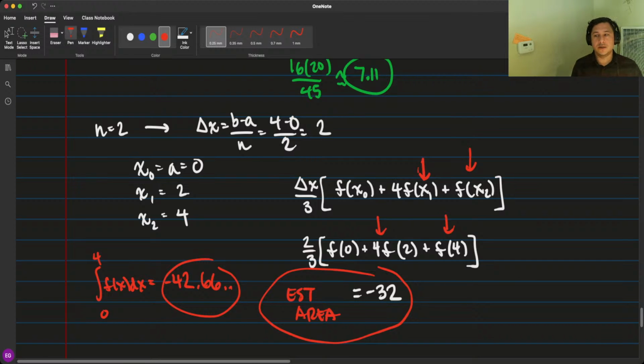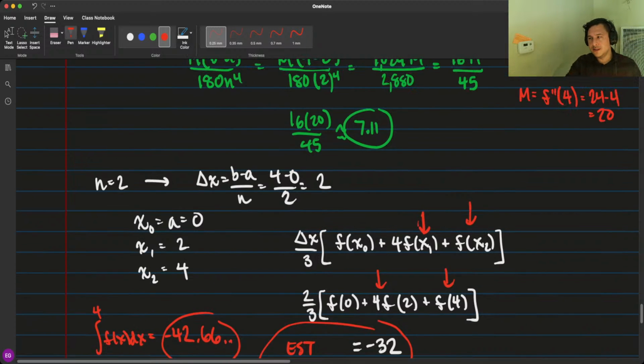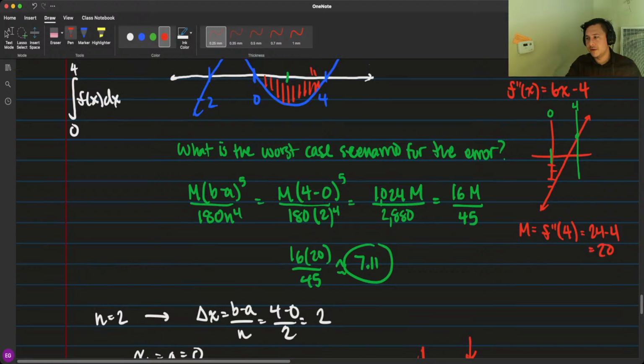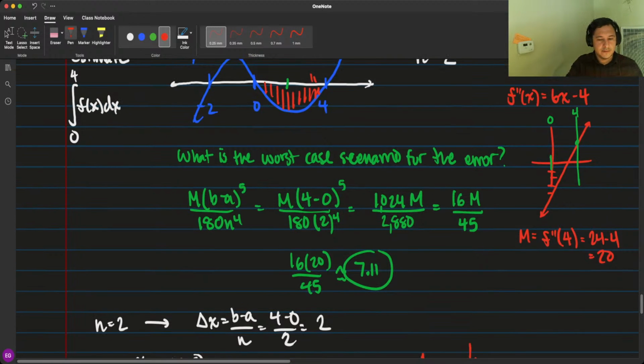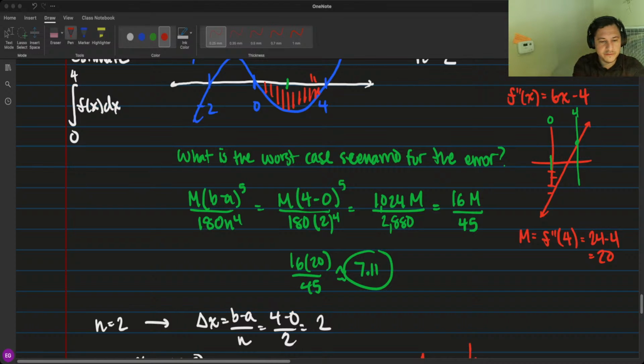The actual integral is about negative 42.66, but my estimated area is negative 32. And supposedly, the worst case scenario was 7.11. Maybe I calculated that wrong. Let me go back and redo that. So it would be 4 to the 5th times m, which is 20, divided by 180 times 2 to the 4th.